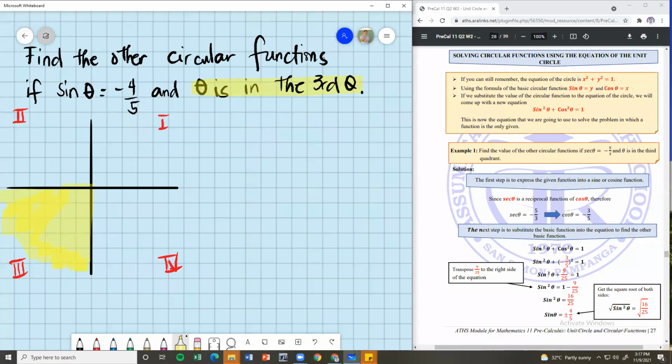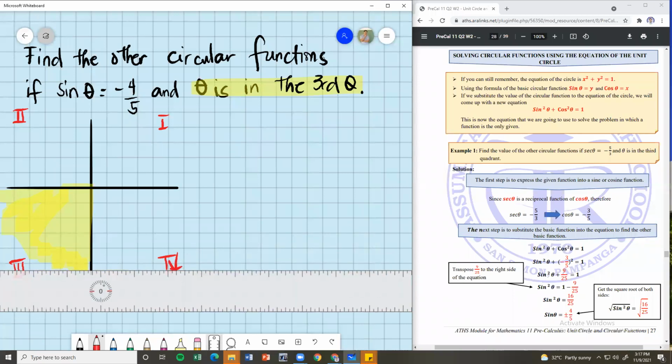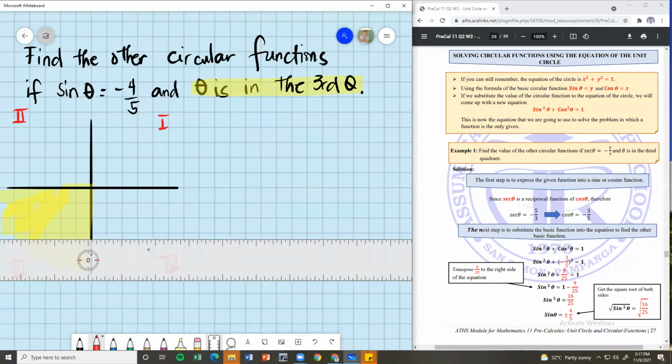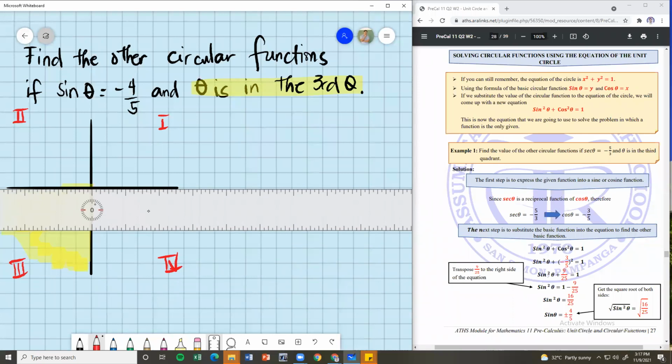Okay, o di mag-drawing tayo dito. And of course, there should always be your reference angle. Lagi siyang konektado. It should always be connected with your x-axis.